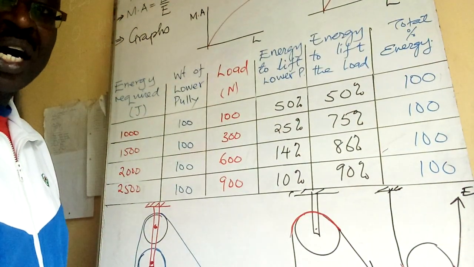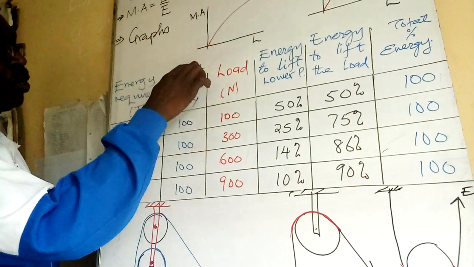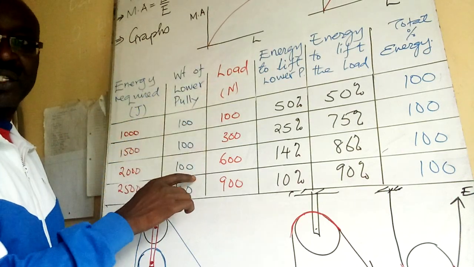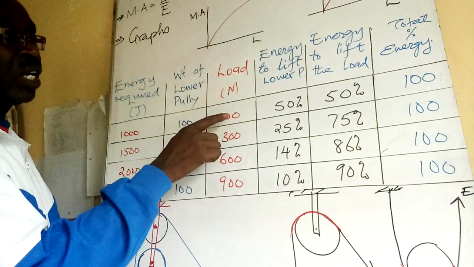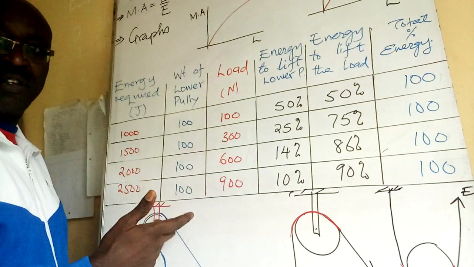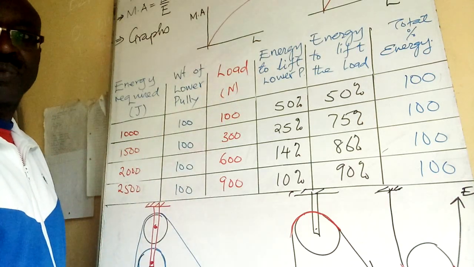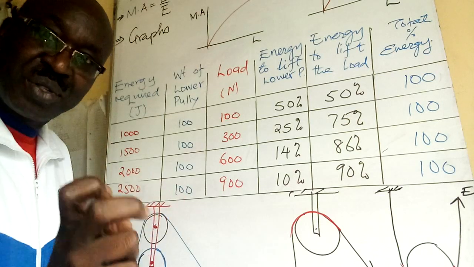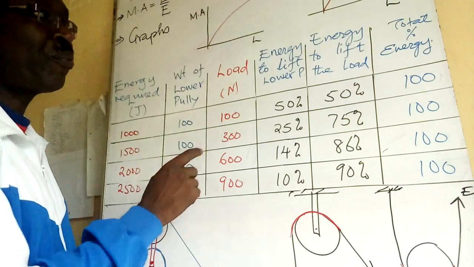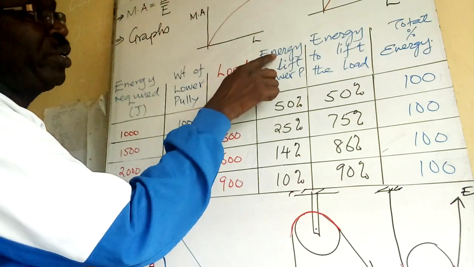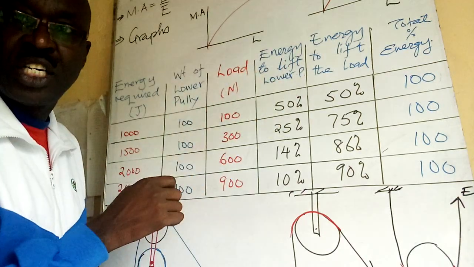Right, we come back. So the weight of the lower pulley is fixed. The load can be changing. I can be putting different loads. Now I want you to start from here. I've written here, what would be the energy to lift the lower pulley?